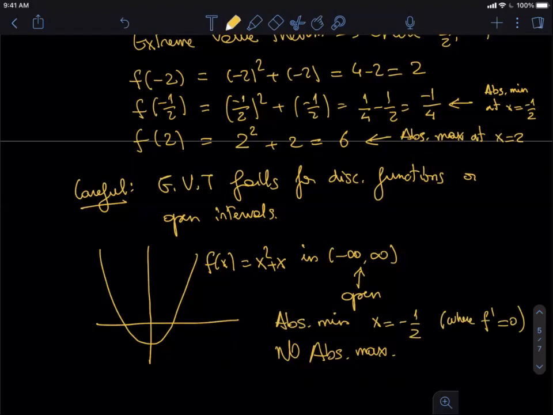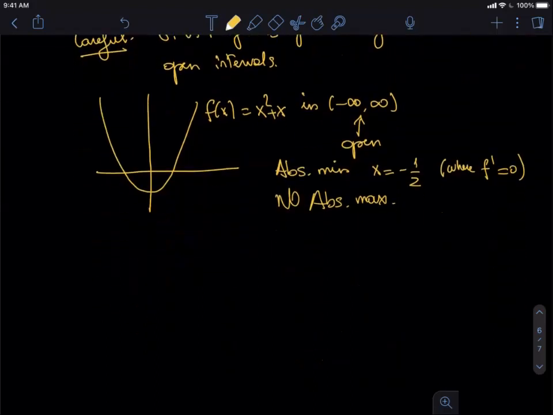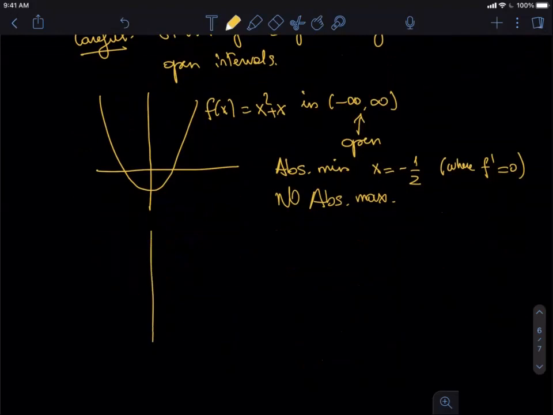The other possibility where things could go wrong is if we have a discontinuous function. Let's say that here we have 1 and we have a function that does something like this.